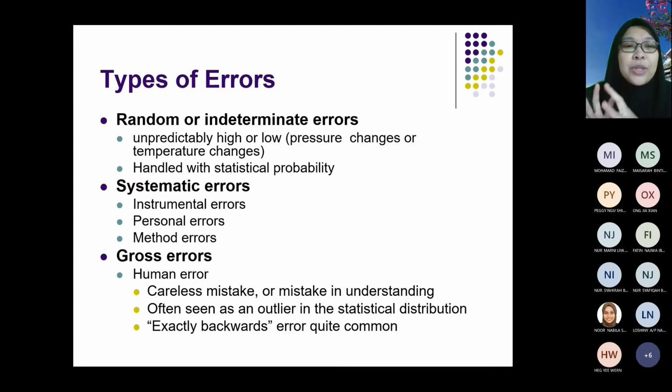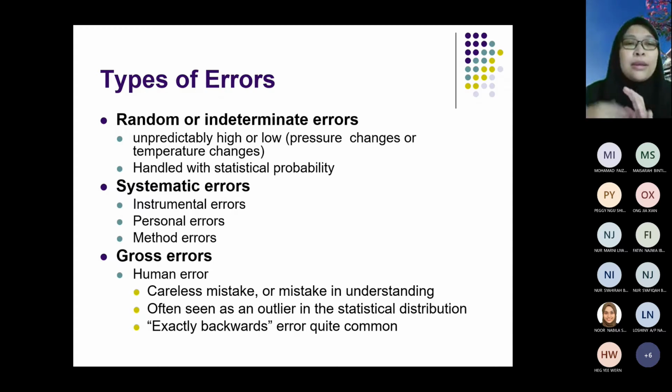Random errors are usually unpredictable, high or low. For example, pressure changes or temperature changes. So that is random error. We are going to look at the example after this. And this random error can be handled by using statistical probability, those that you learn in statistics class.